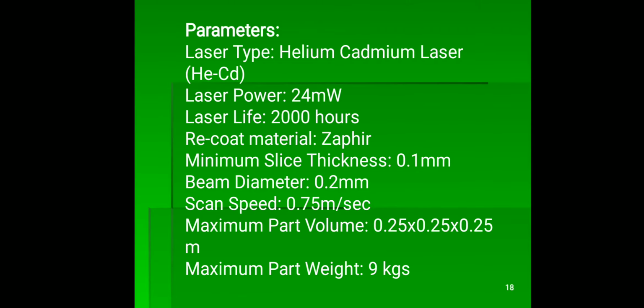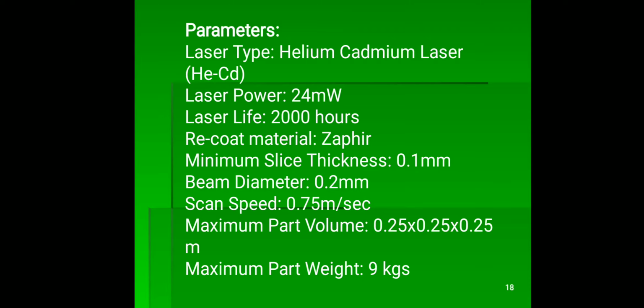Parameters: laser type, helium cadmium laser; laser power 24 mW; laser life 2000 hours; recoat material, Zephyr; minimum slice thickness 0.07 mm to 0.1 mm; beam diameter 0.2 mm; scan speed 0.75 meter per second; maximum part volume which we can produce is 0.25 by 0.25 by 0.25 meter; and maximum part weight which can be produced using this technology is 9 kilograms.